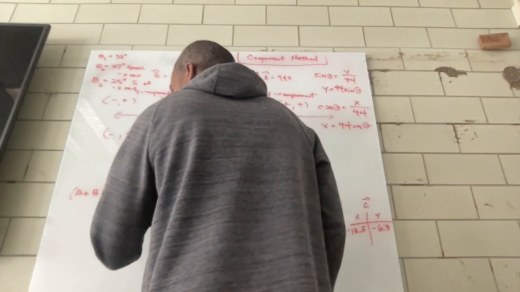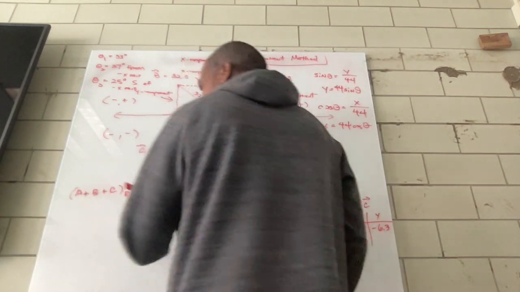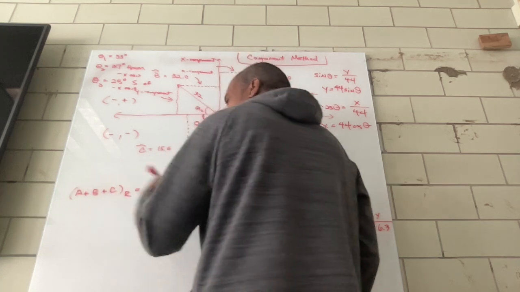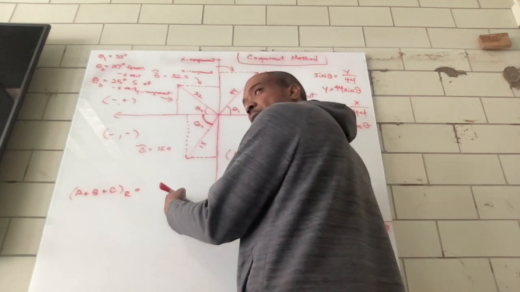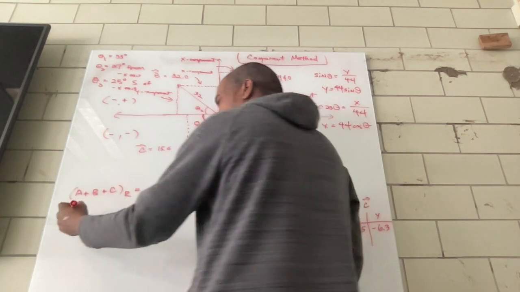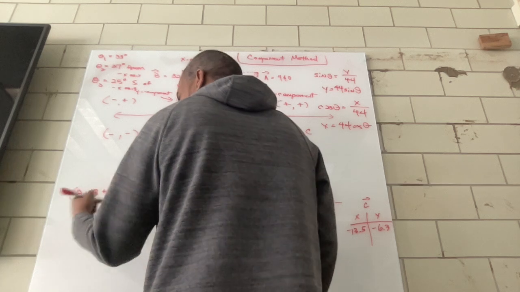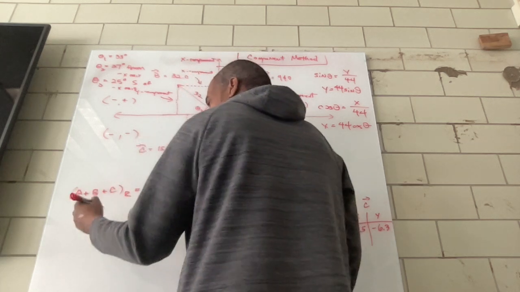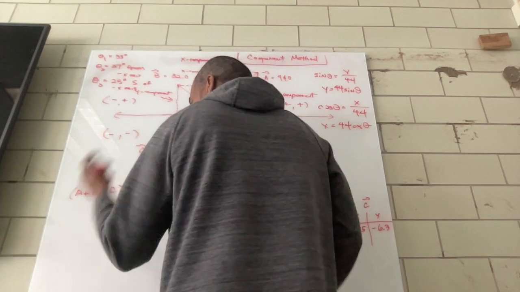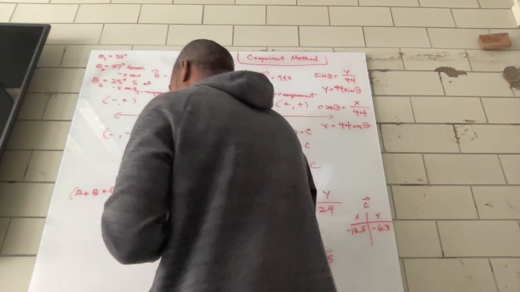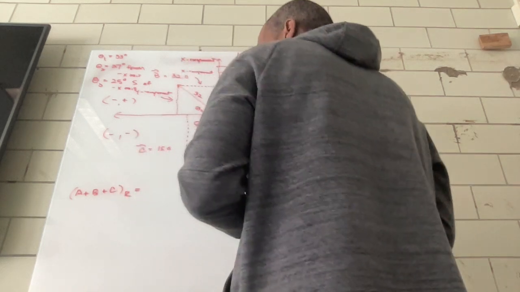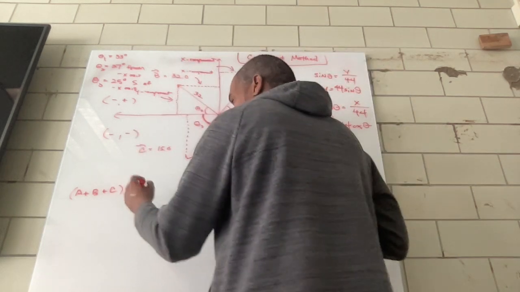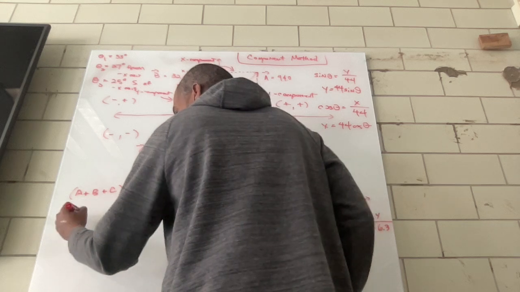Right? So I'll just write it in algebraic form, but in order to do this, we know that each vector has X and Y components, right? So then what we do, let me see, how can I write this? Oh, okay, yeah, I can write it like this. So this equals this, right?